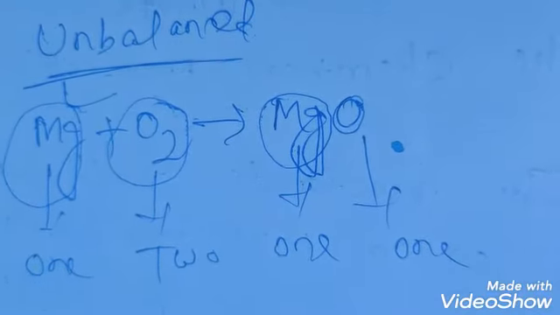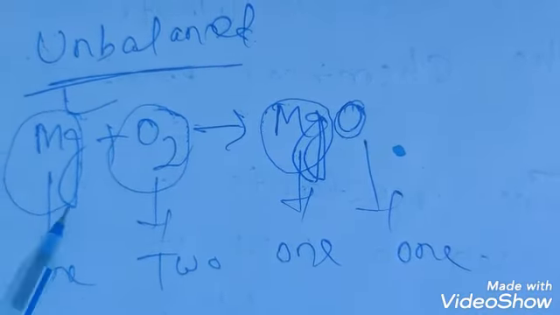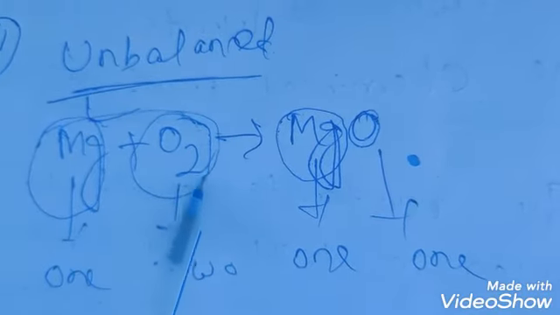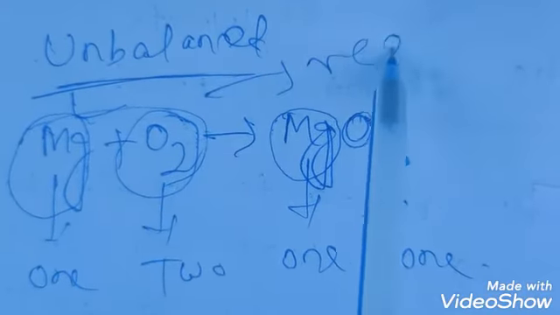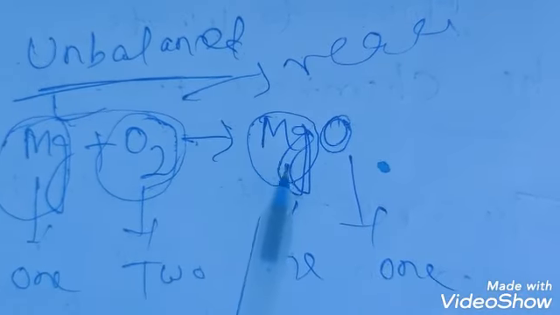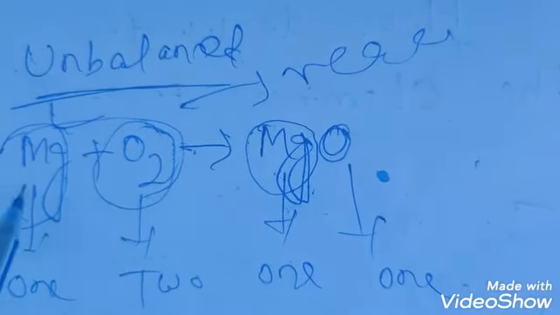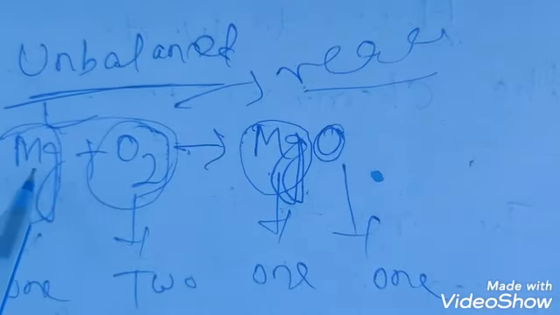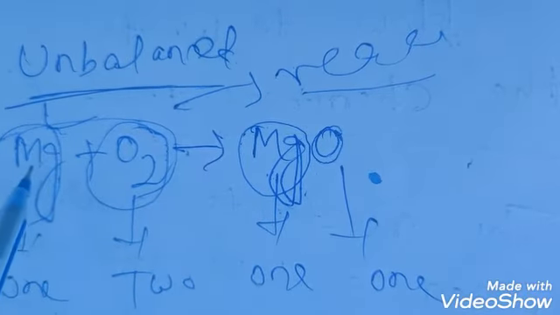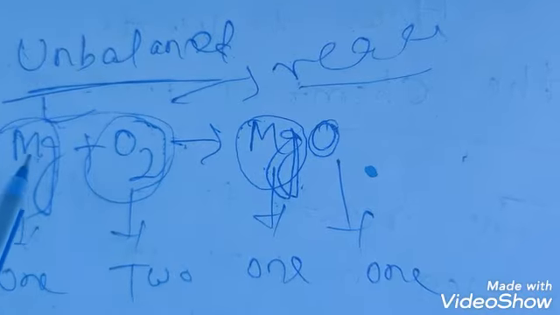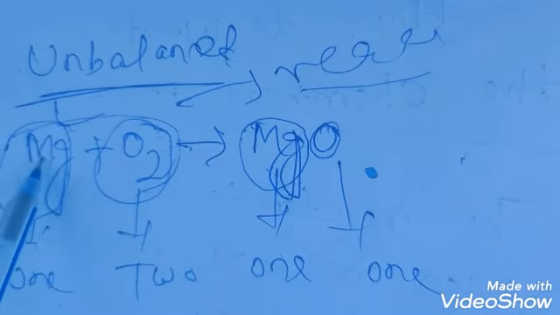So it is an unbalanced chemical equation because the number of atoms present in the reactant side is not equal to the number of atoms present in the product side. Here in the reactant side there are three atoms: one magnesium atom and two oxygen atoms.